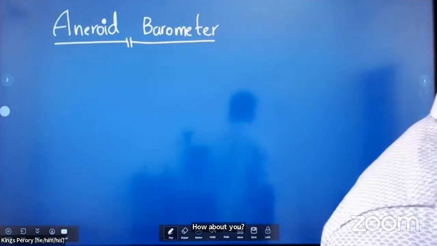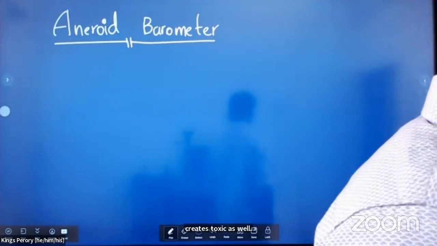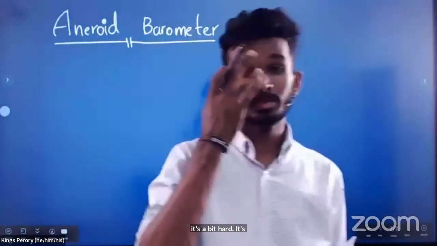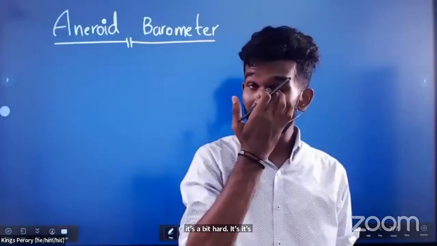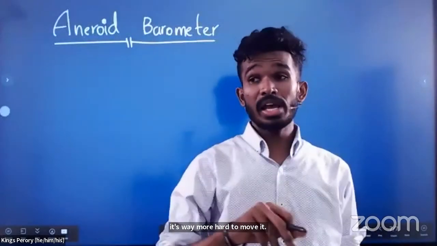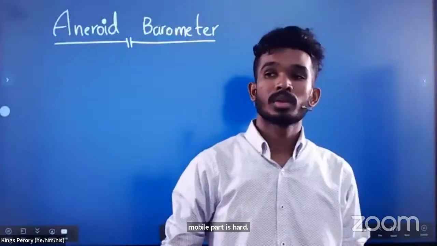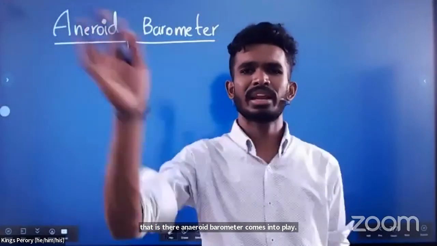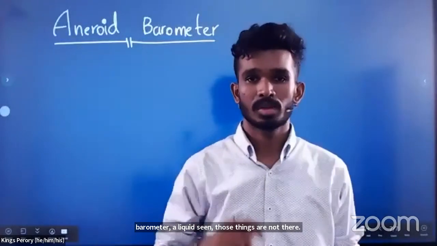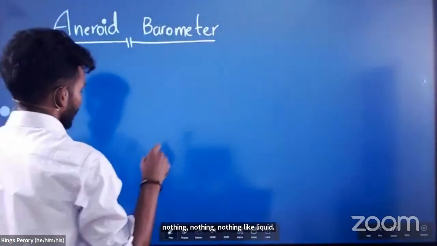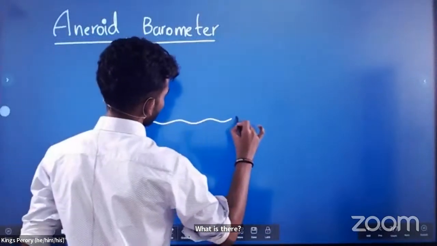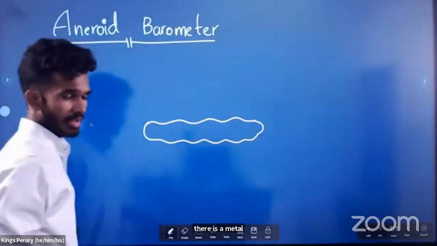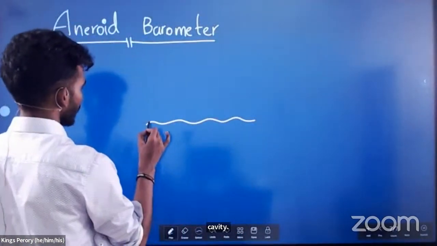So is it a mobility part? It's way more hard to move it. The mobility part is hard. That is where the aneroid barometer comes into play. In an aneroid barometer, there is no liquid, nothing like liquid. What is there? There is a metal cavity, a cavity made of metal sheet.